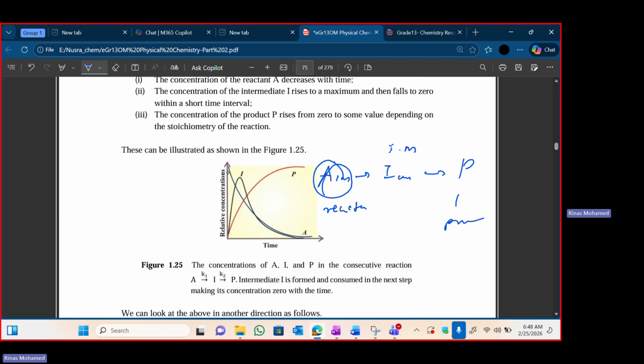If you see the green graph, the reactant's concentration is initially higher and decreases with time. This is a one-sided reaction, not reversible, so it reaches zero when all the A molecules are consumed.